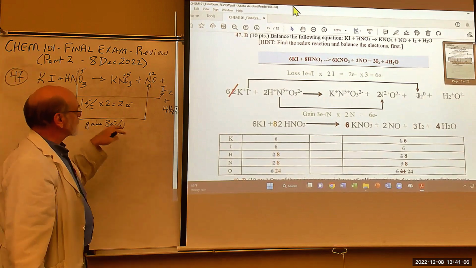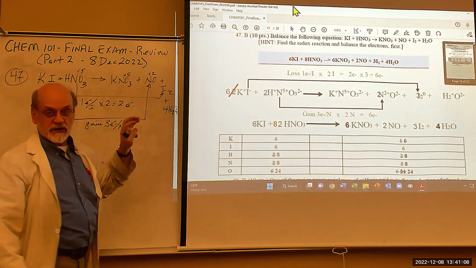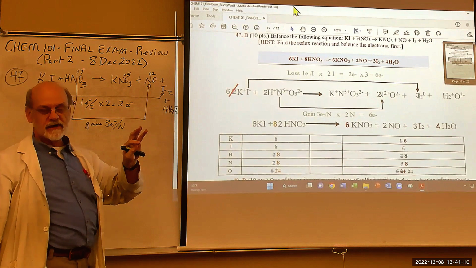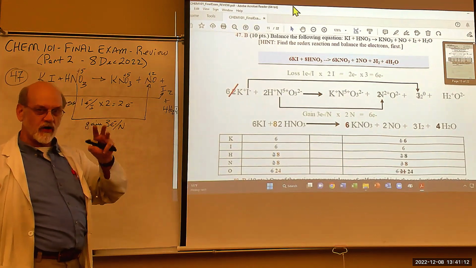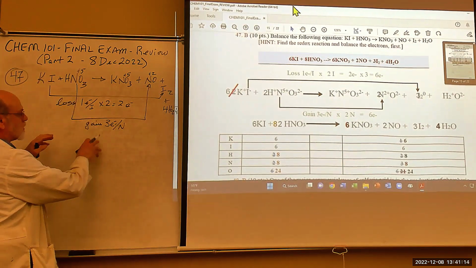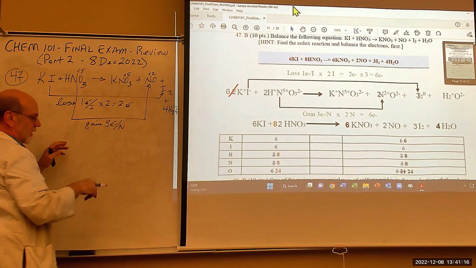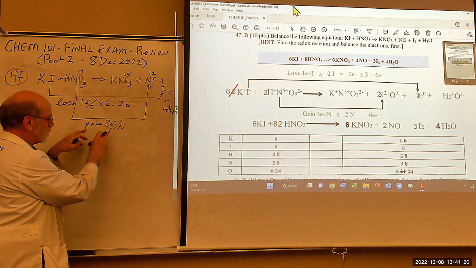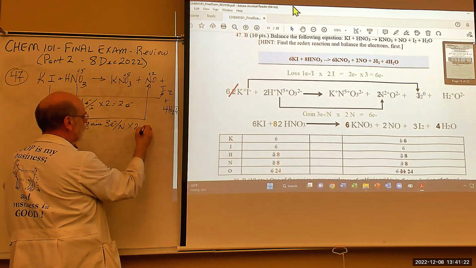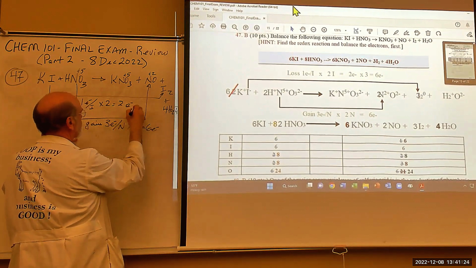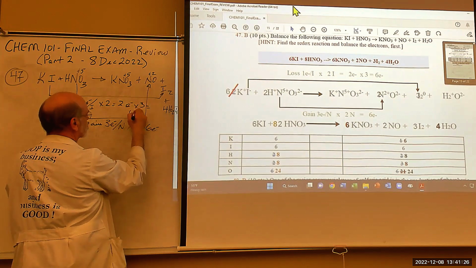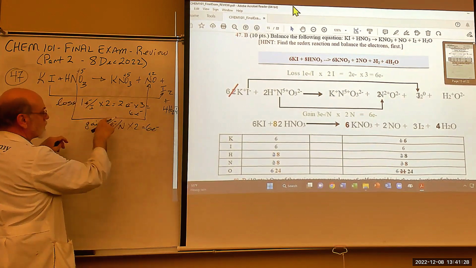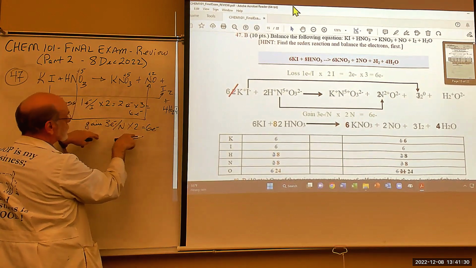Now, at this point, it's not important that we have nitrogen in 2 different places. All we want to do is balance the electrons. So how do you balance 2 electrons against 3? You cross multiply. If we multiply this one times 2, we get 6 electrons, and we multiply this one times 3, we get 6 electrons. So how do you get times 2 here?